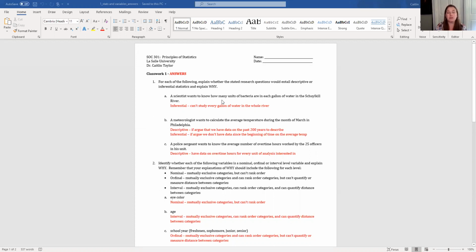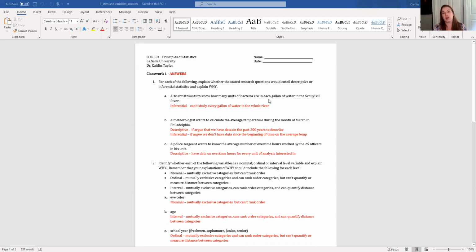Remember, when determining descriptive versus inferential, the first question to always ask yourself is: is it feasible or possible or likely to be able to gather data on everything that we want to study as part of that research question? Here, everything we want to study is each gallon of water in the Schuylkill River. Is it feasible to get data on every single gallon of water in the entire river? No, it's not. Of course not, right?